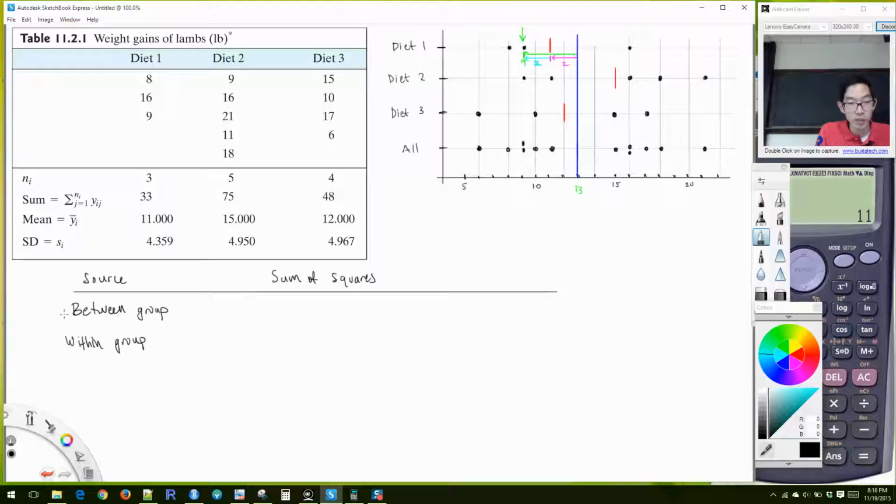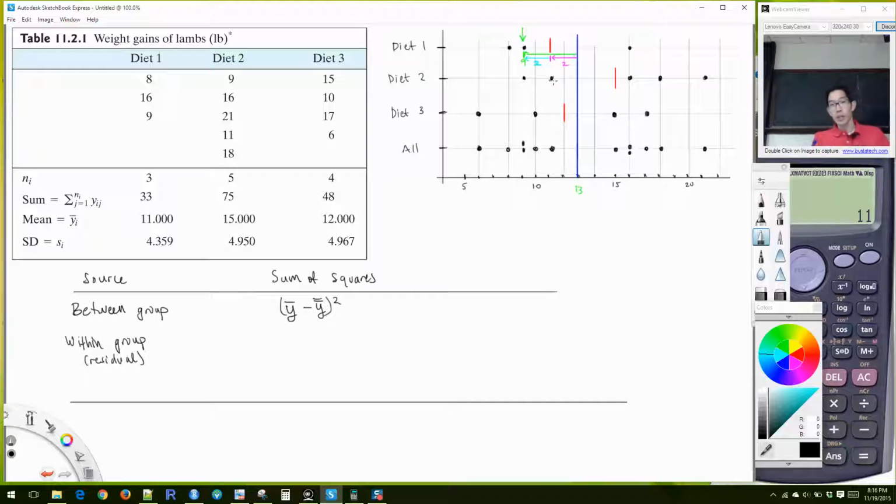This is the fact that the group is different from the mean, and the within group is also known as the residual. If we think of the sum of squares here, this would be each group mean, y bar, minus the grand mean, quantity squared, right?